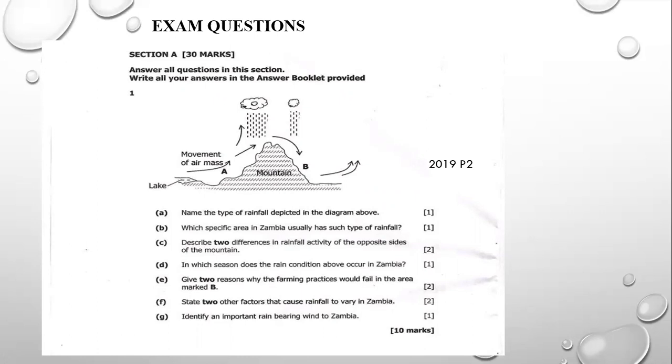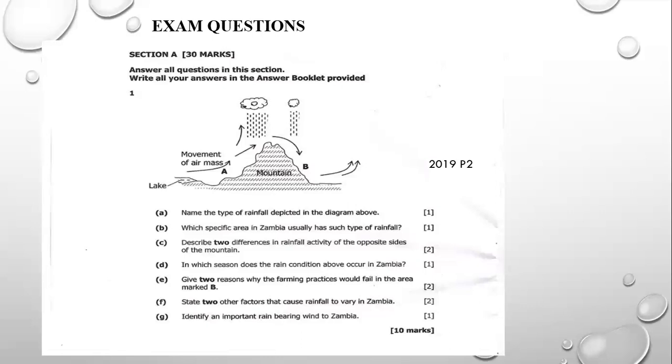You can say Muchinga escarpment, Zambezi escarpment, the Mbala highlands, the Makutu mountains. All those are specific areas in Zambia which experience relief or orographic rainfall.